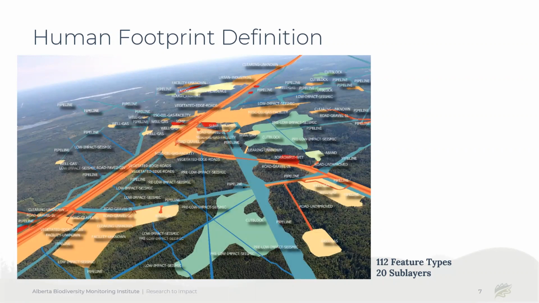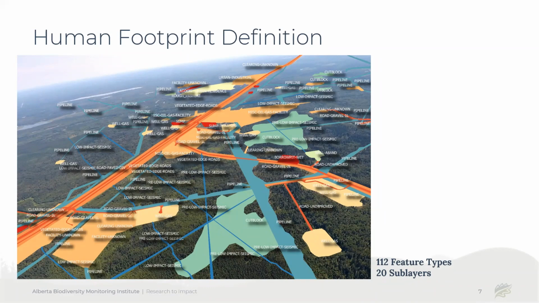Each polygon has not only geographic or geospatial representation, but also thematic attribution associated with it. So you can calculate and report on different types of human footprint within your area of interest.